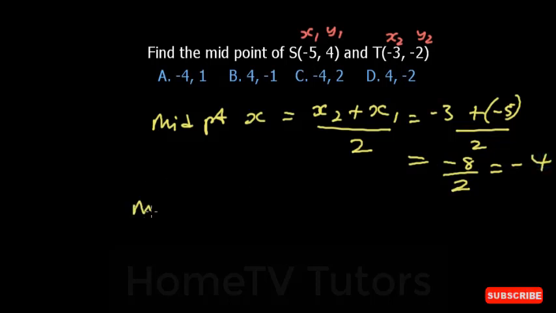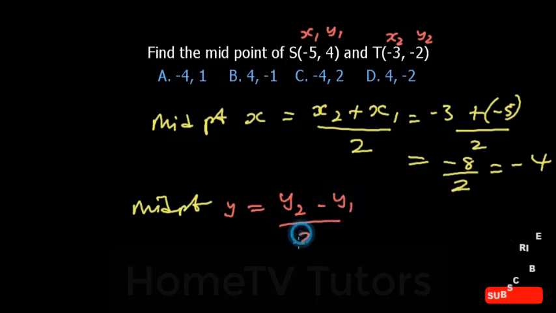Then the midpoint of y will be y2 plus y1 divided by 2, which gives us y2 is minus 2 plus 4, divided by 2.